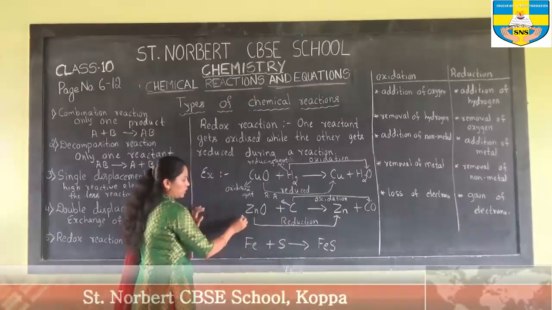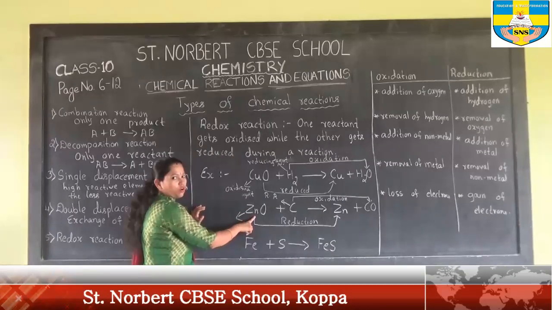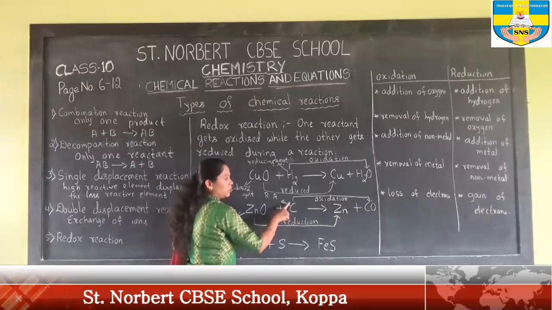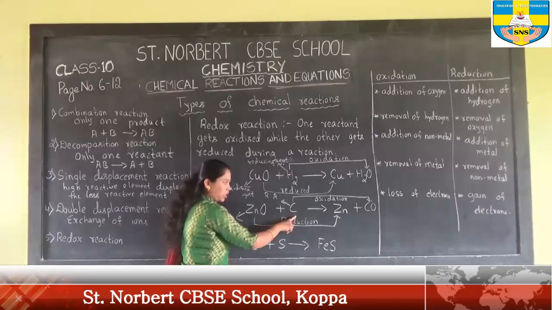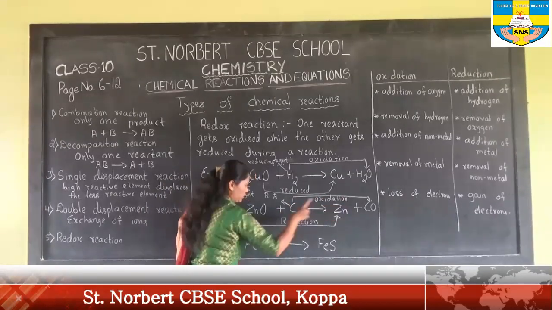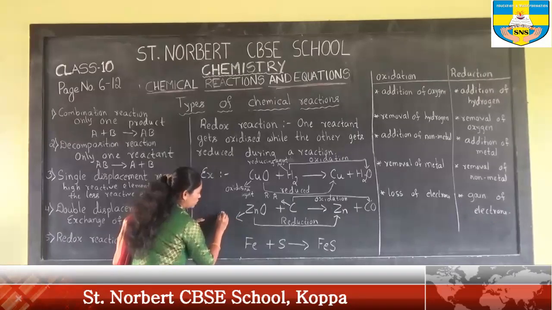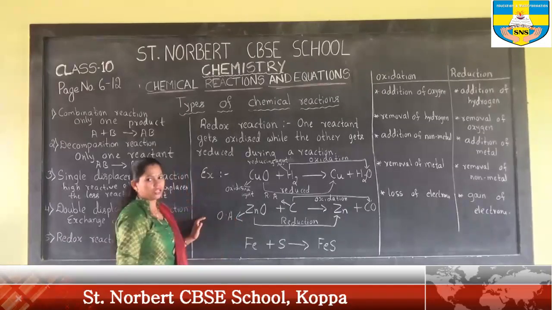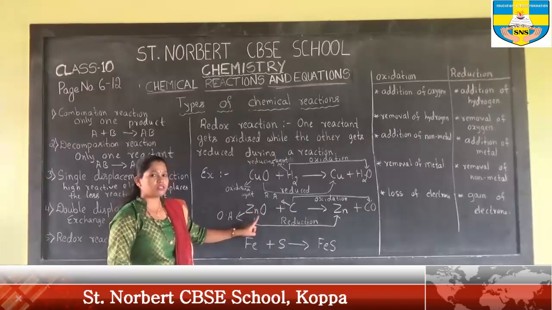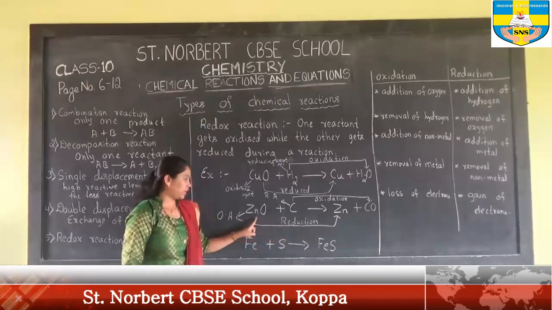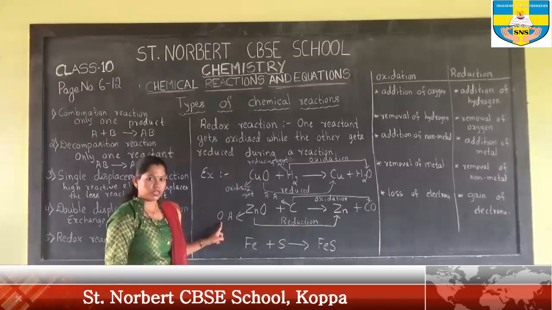ZnO helps carbon to oxidize. So the ZnO is the oxidizing agent. So in the same reaction, which substance undergoes reduction? That is the oxidizing agent.